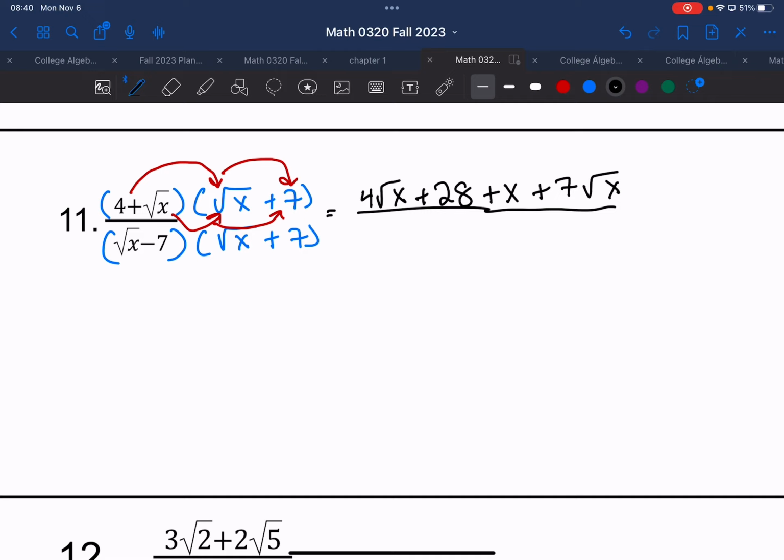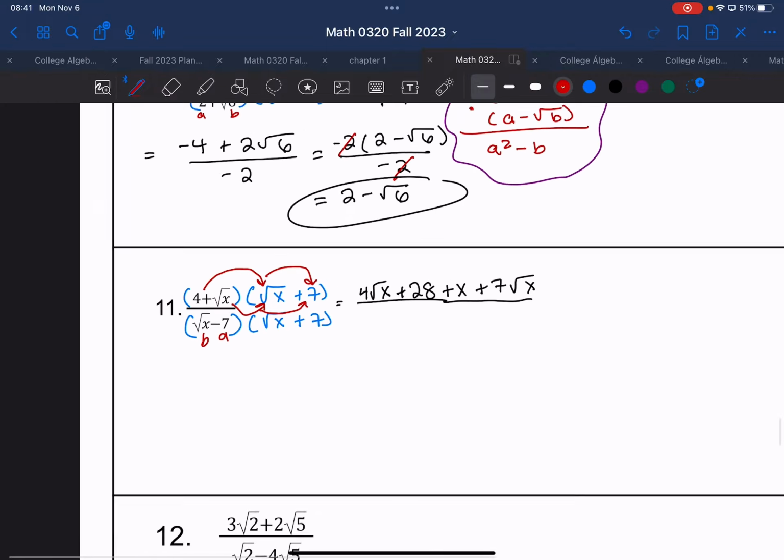Looking at the denominator, notice that our a and b values are mixed up. We know that our b value is always the value under the square root. So in this case, our b value is what? Looking at the denominator, x, that's our b value, which means our a value is the 7.